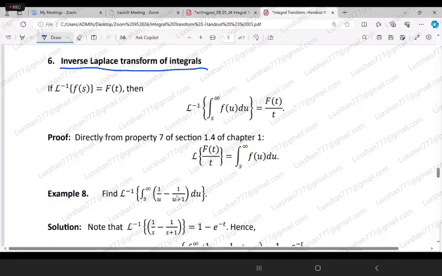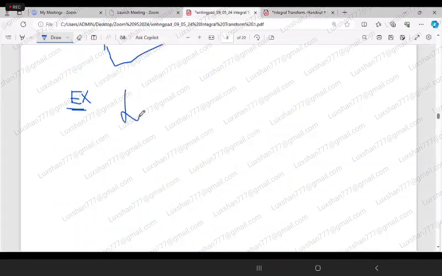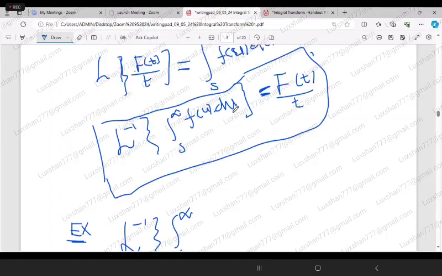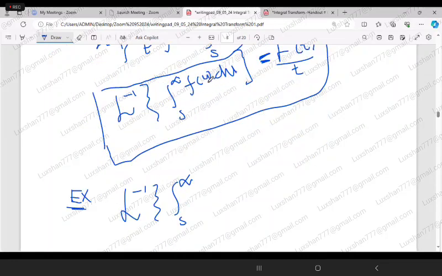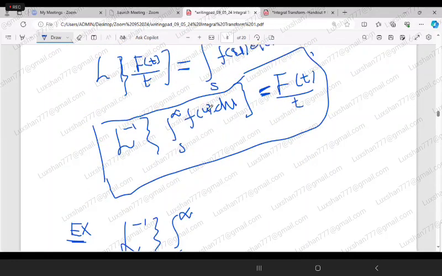here we have the function 1 over u minus 1 over u plus 1. Okay, so we want to find the inverse Laplace transform of the integration from s to infinity, because here we are changing the variable since we want to have the function in s. That is why we are changing it to u.